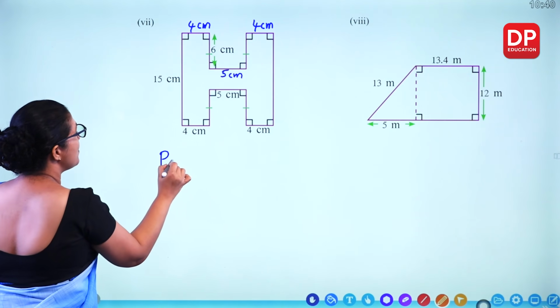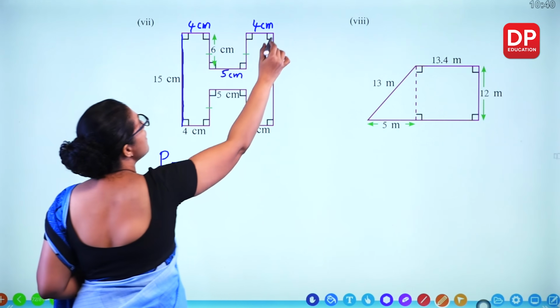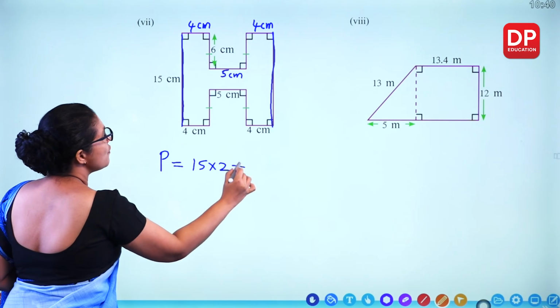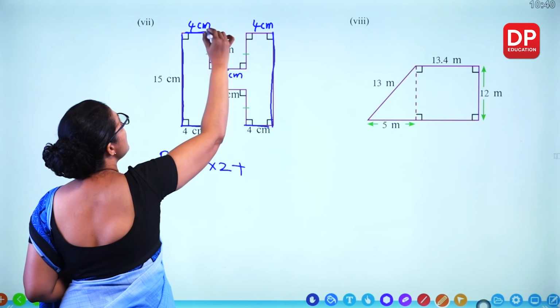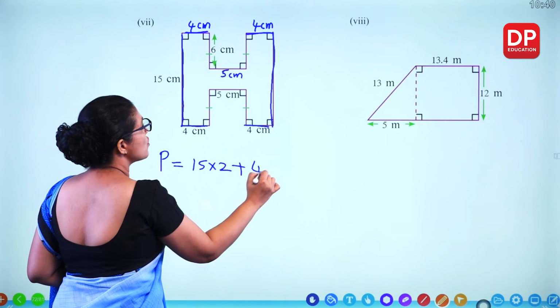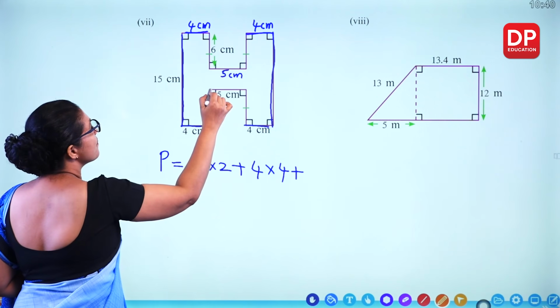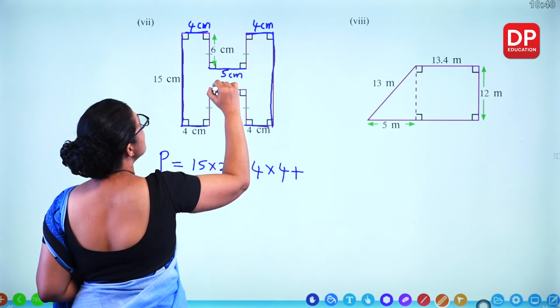Now we'll find out the perimeter. 15 and this is 15. 15 times 2. How many 4s are there? 1, 2, 3, 4. 4 times 4. How many 5s are there? 1, 2.